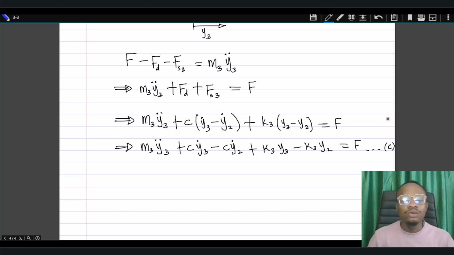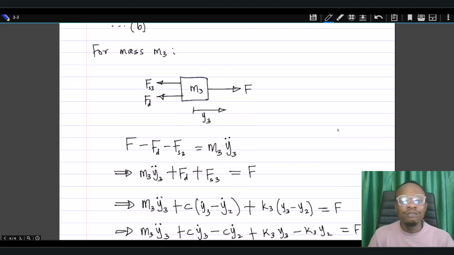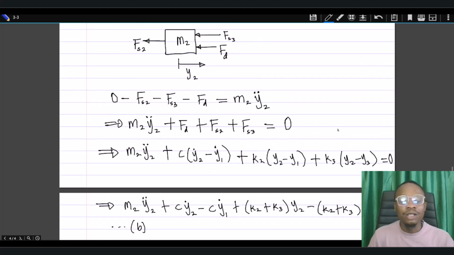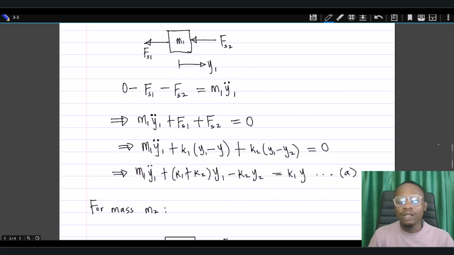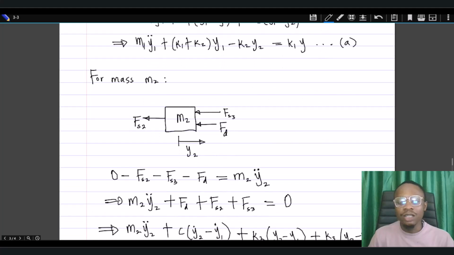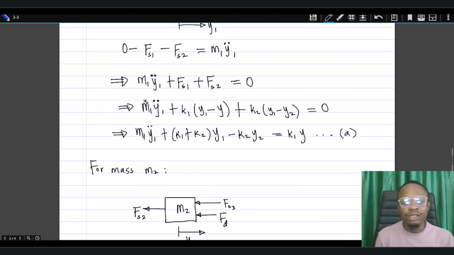With this, we have all of the equations that give us the mathematical model of this system. So the equations a, b, and c give the mathematical model for this system. Let us emphasize the equations a, b, and c.